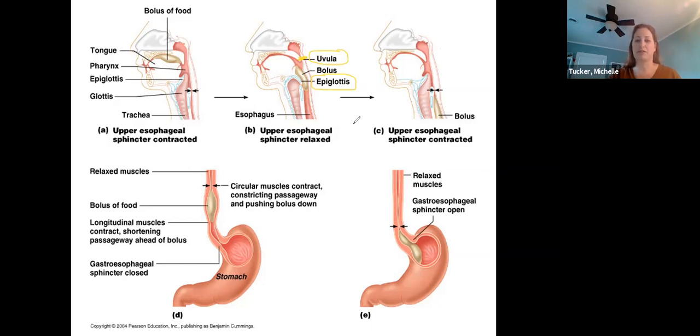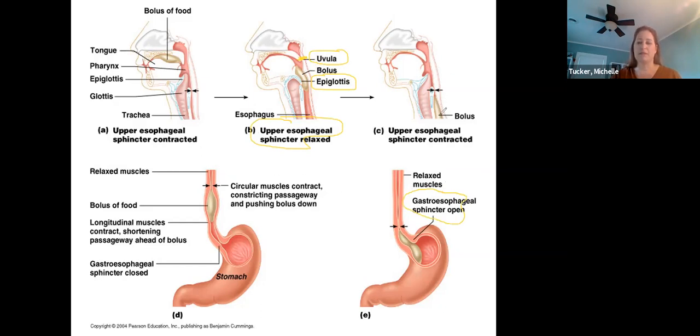So the structures that are involved are the uvula, the epiglottis, the upper esophageal sphincter, and then the lower esophageal sphincter, which is also called the gastroesophageal sphincter.